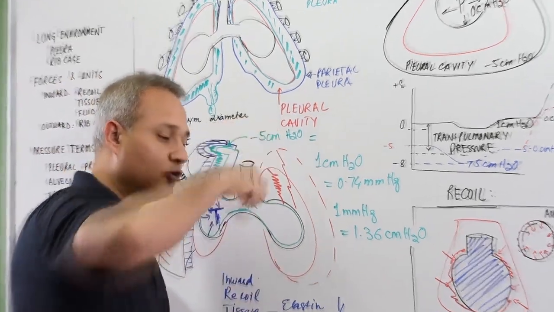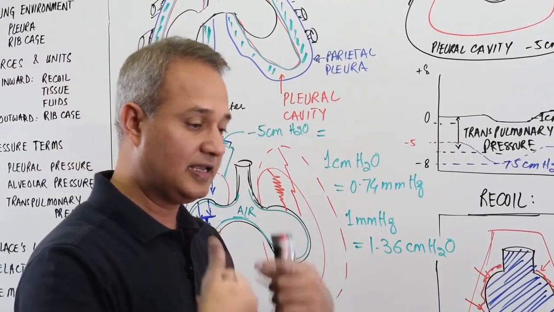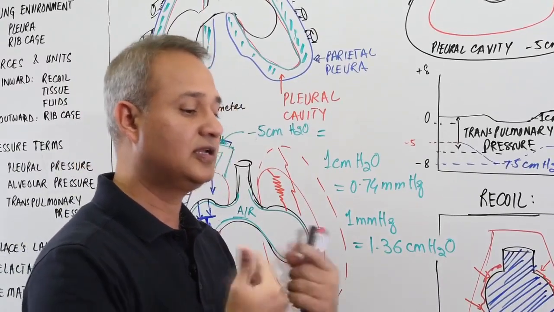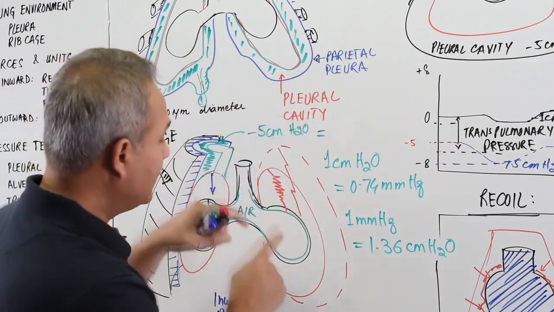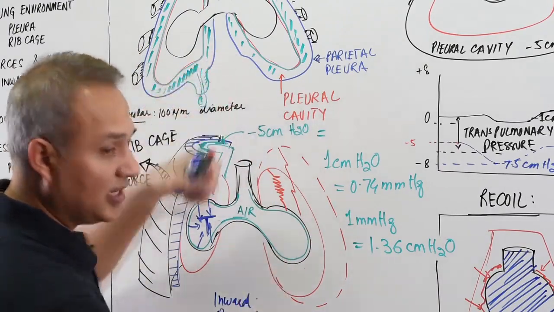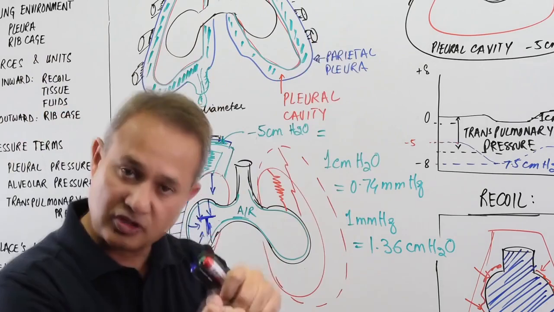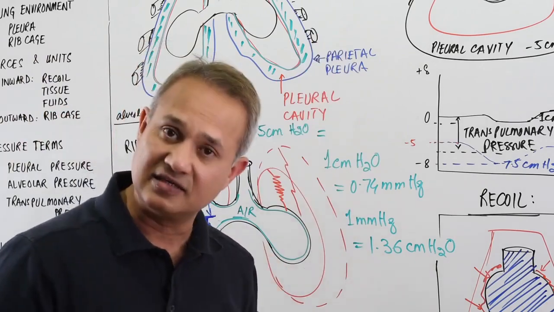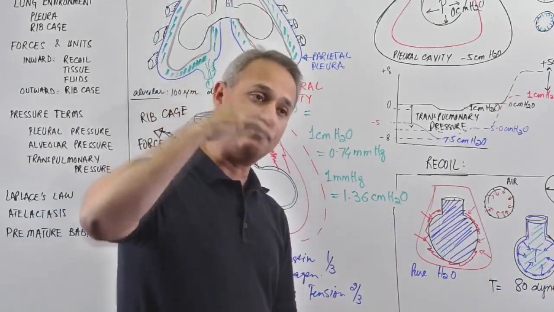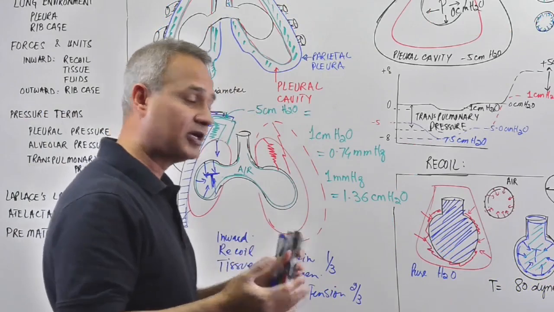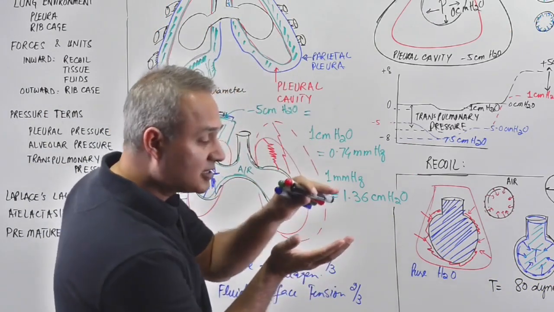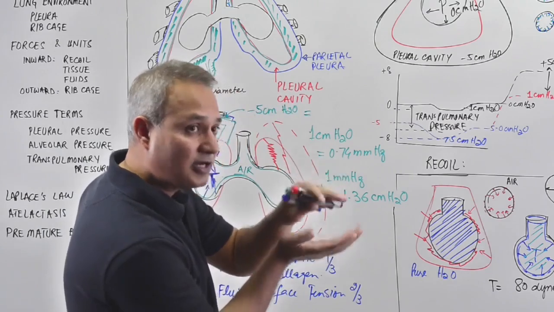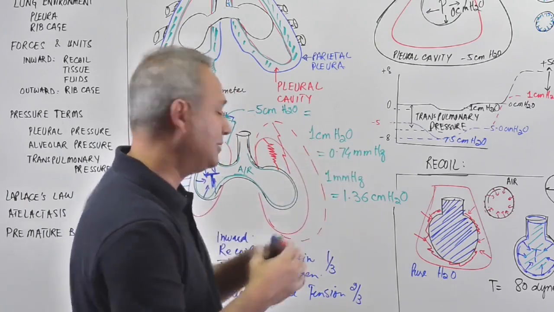If you pull the lungs open, like if I take an inhalation, then as the lungs expand, these springs will be pulled as well, and the more you pull them, the more they'll try to recoil. So recoil increases when inspiration happens, and the other way around. If I start exhaling, these springs would start collapsing, and they would now start resisting further collapse.